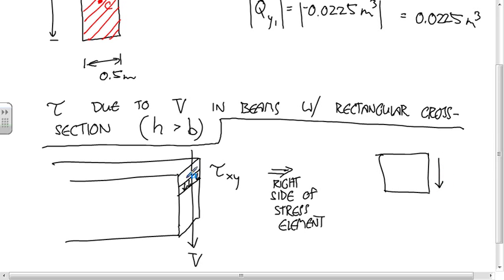You see that? I mean, that's just coming from the direction of these. And so what's the direction of the shear stress over here? This has to be up. And what is it over here? On top?